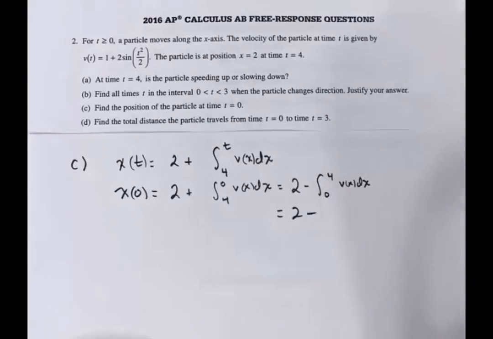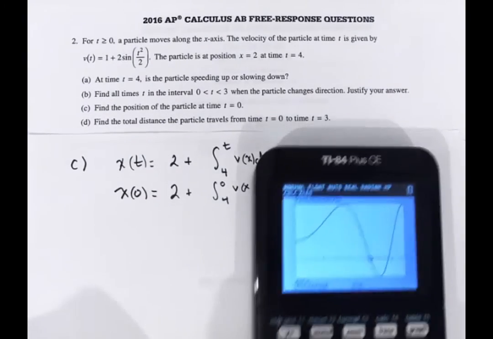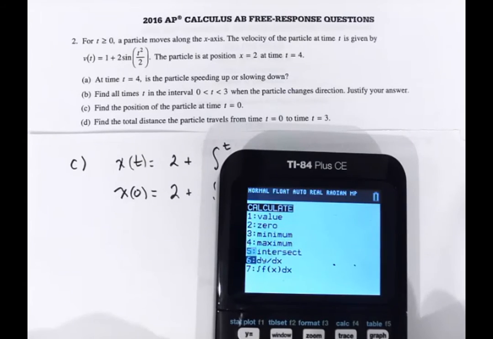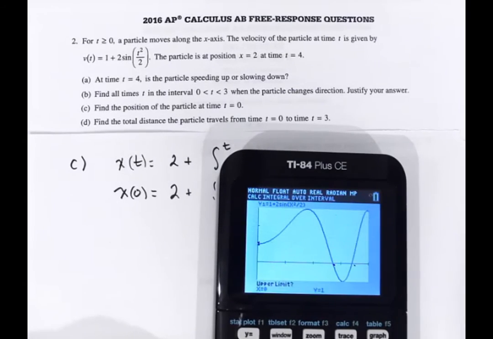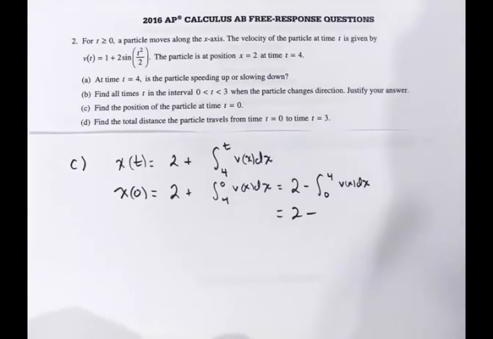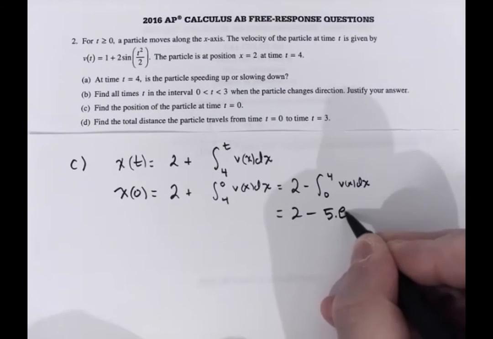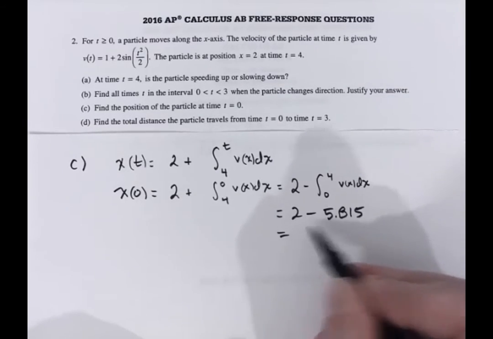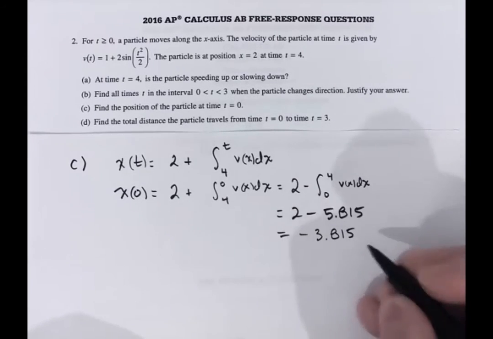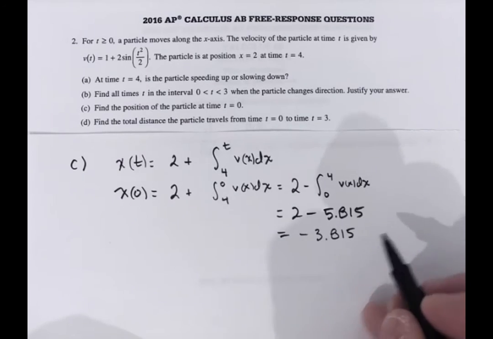So I'm switching up the order just simply because it's a little bit easier to do in the calculator, because I need an integral from 0 to 4, so I can calculate the integral from 0 to 4, and let's see what I end up getting for my area here. Nicely, it shows right there, giving me a total of 5.815. So 2 minus 5.815 would be negative 3.815, which must be the position at time equals 0.